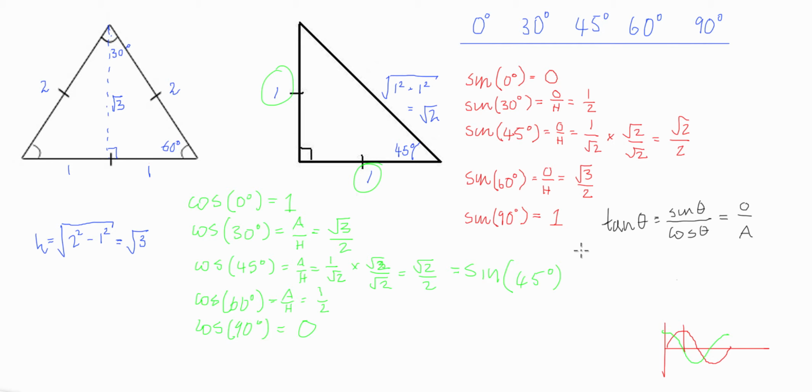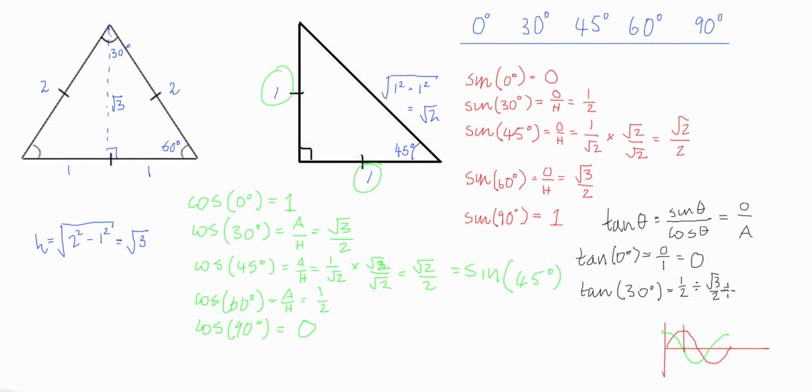So for example, the tangent of 0 degrees is equal to the sine of 0, which is 0, divided by the cosine of 0, which is 1. So that equals 0. We can see the tan of 30 degrees is equal to the sine of 30 degrees, which is 1/2, divided by the cosine of 30 degrees, which is square root 3 on 2.